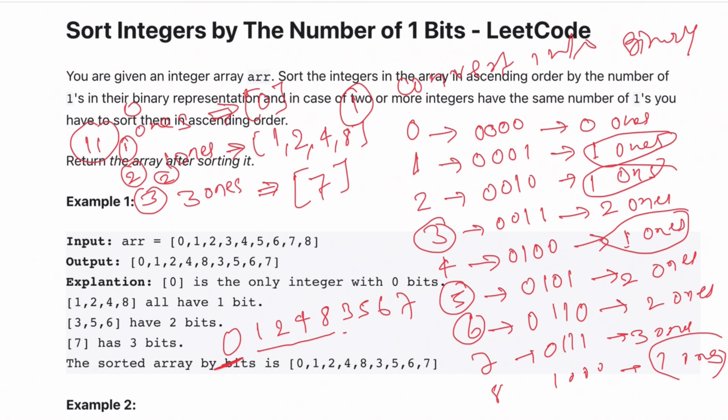So each group: 0 has zero 1s, 1, 2, 4, 8 have one 1, 3, 5, 6 have two 1s, and 7 has three 1s.